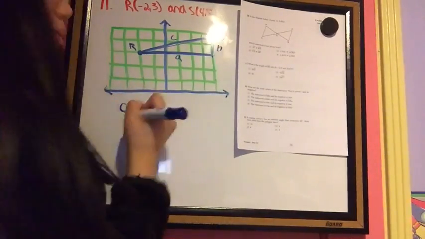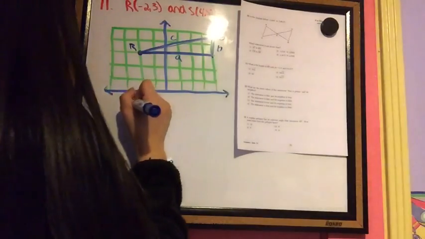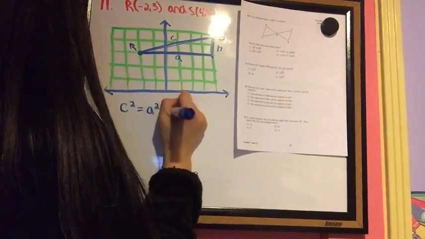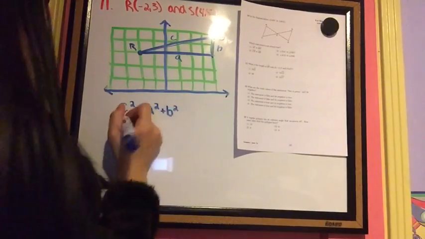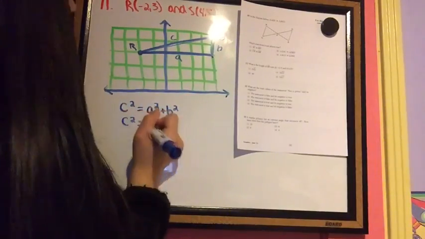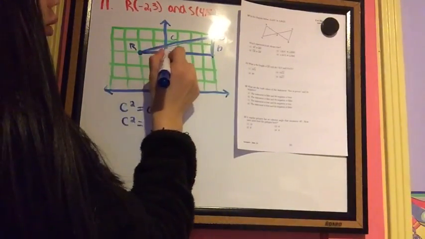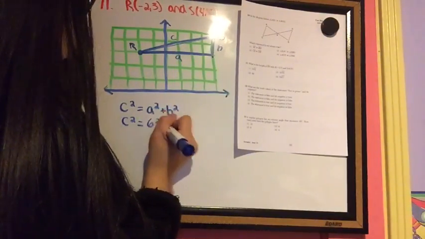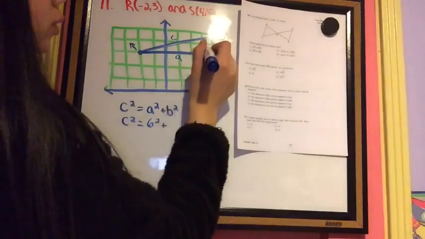So we can use the Pythagorean theorem. C squared equals A squared plus B squared. So C squared equals A squared. A is 1, 2, 3, 4, 5, 6. Plus B squared, which is 1, 2.